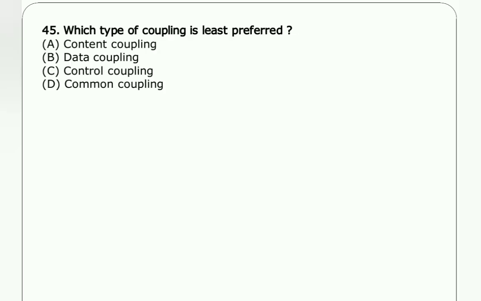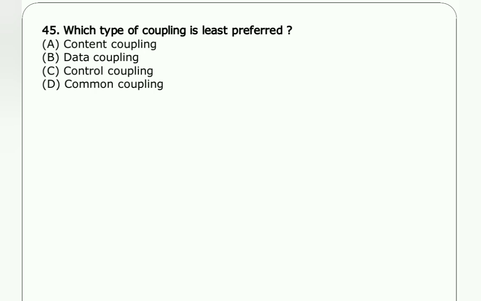Next one. Which type of coupling is least preferred? First of all, what is meant by coupling? Coupling is the measure of the degree of interdependence between software modules, a measure of how closely connected two routines or modules are. The strength of the relationship between the two modules is denoted by coupling.